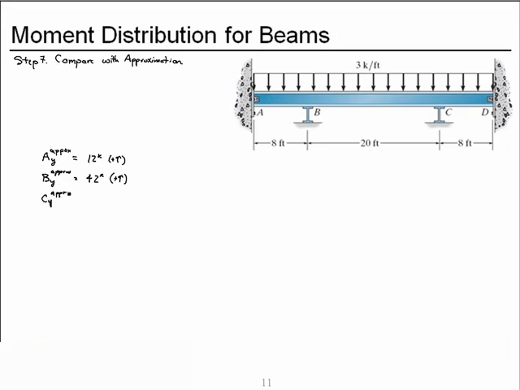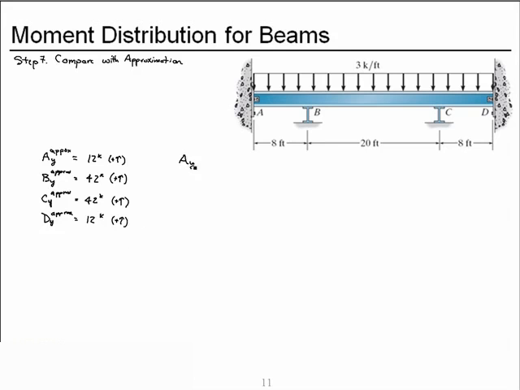Cy identical to By, and Dy identical to Ay from the symmetry in this problem.